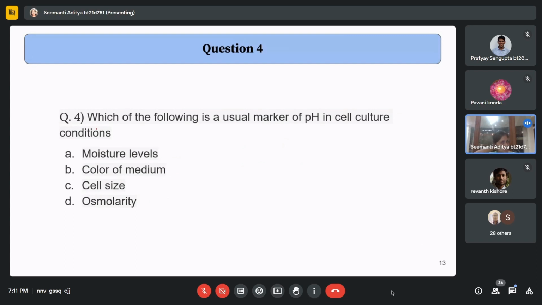So the next question is, which of the following is usually a marker of pH in cell culture conditions?